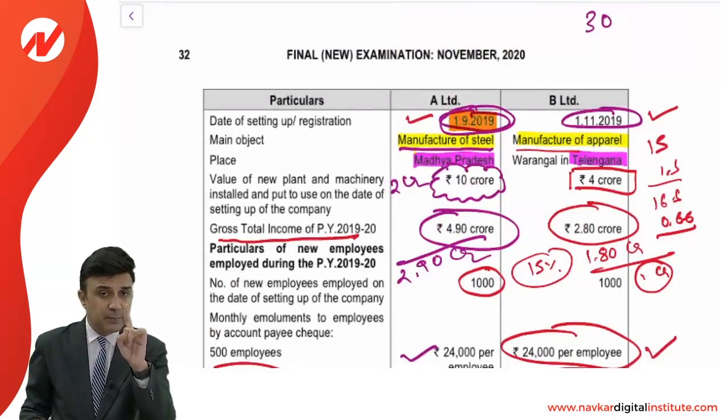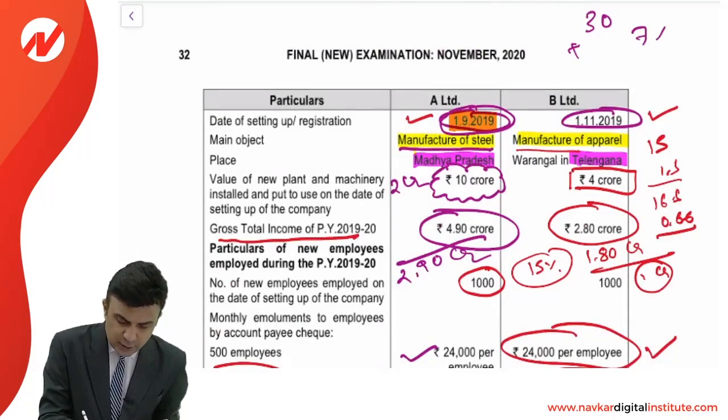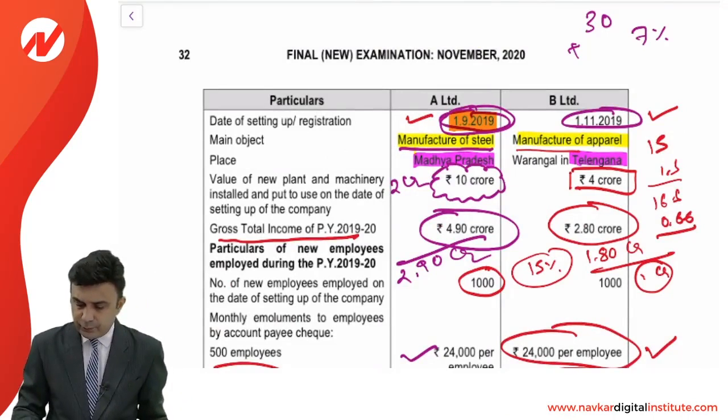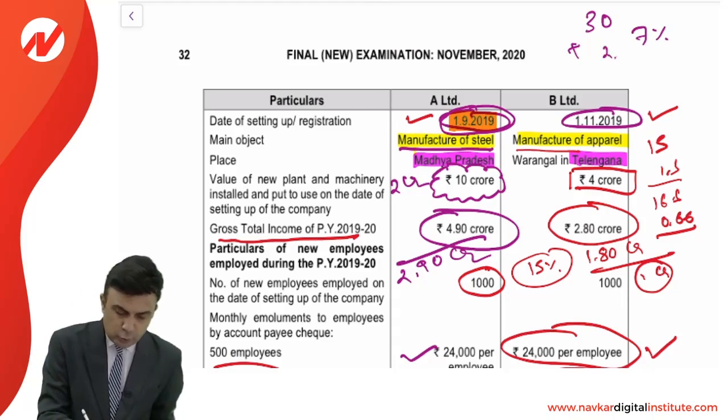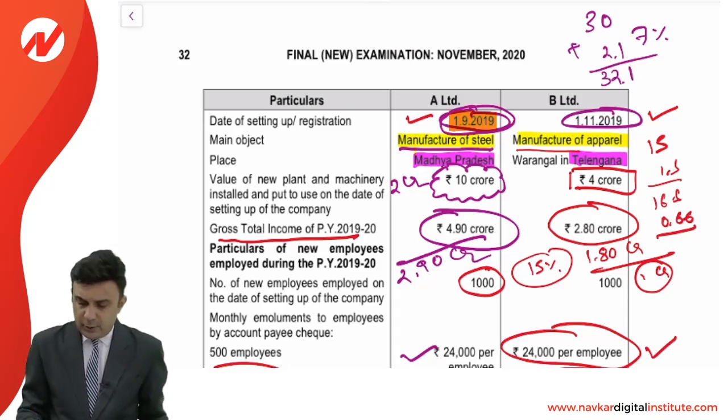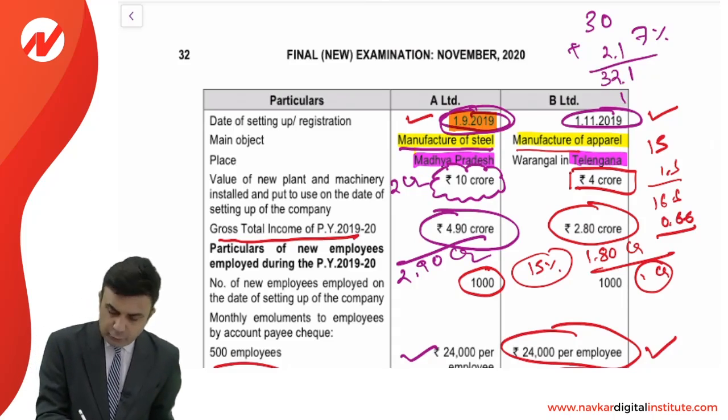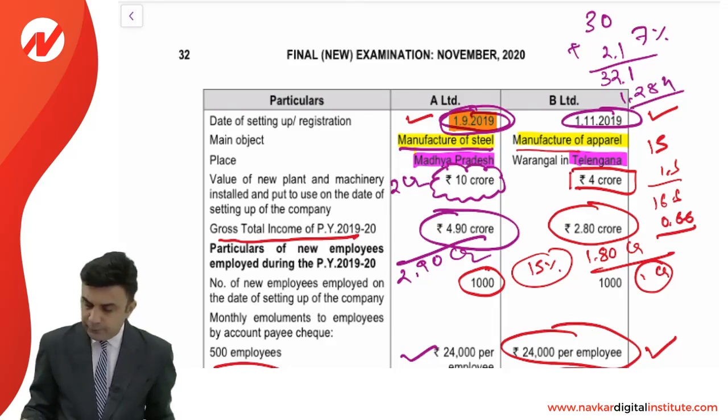On this 30%, the surcharge rate will be 7. So that would be 2.1. 32.1 will be subjected to 4% cess, that is 1.284.